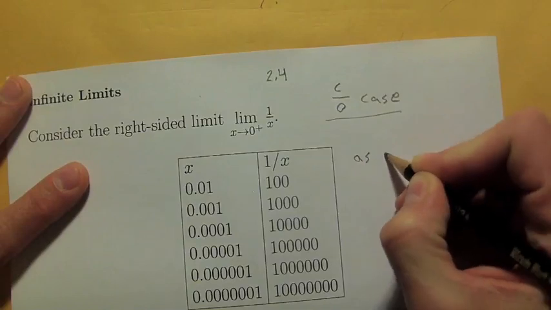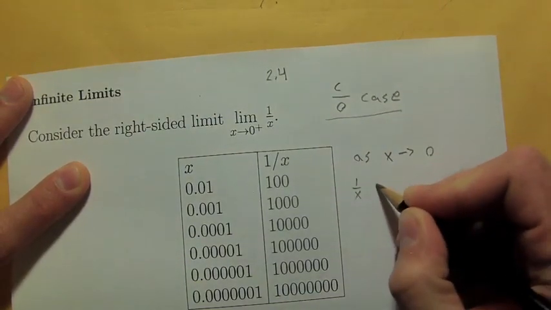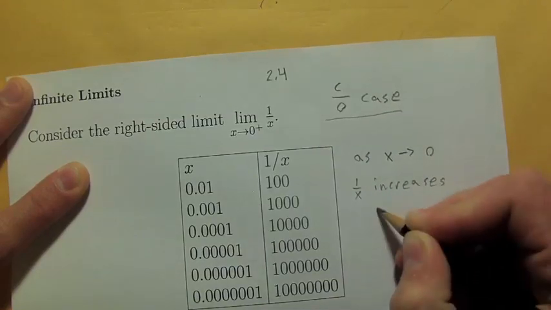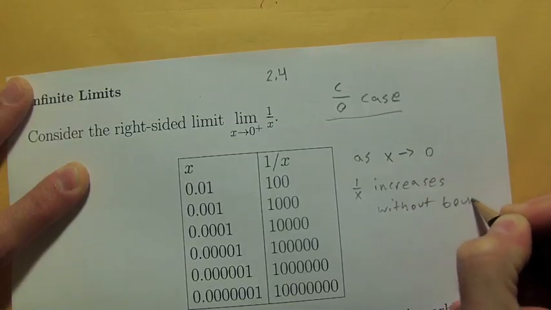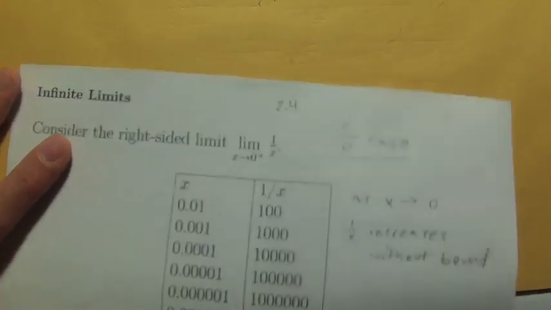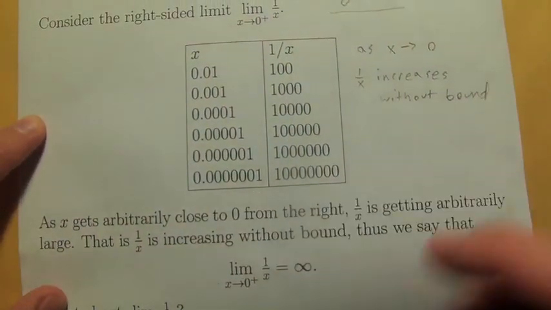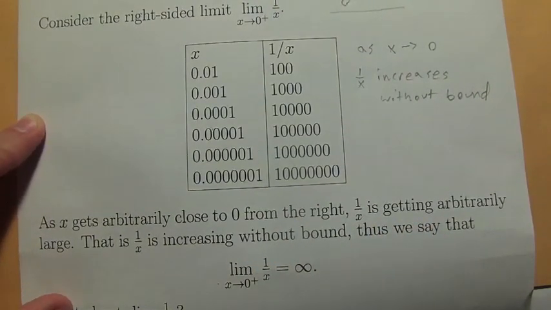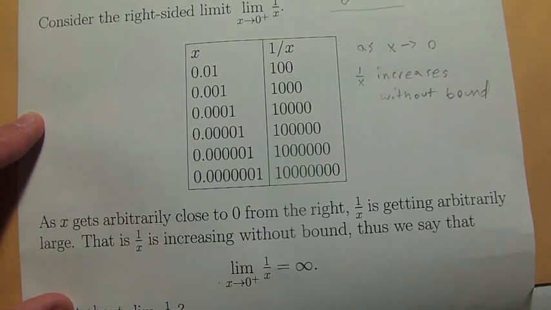So as x goes to 0, 1 over x increases without bound, is what we say. Okay. So I have this sort of written down here that, right, as x gets arbitrarily close to 0 from the right, 1 over x is getting arbitrarily large. As x gets smaller or closer to 0, 1 over x gets even larger and larger, just as large.